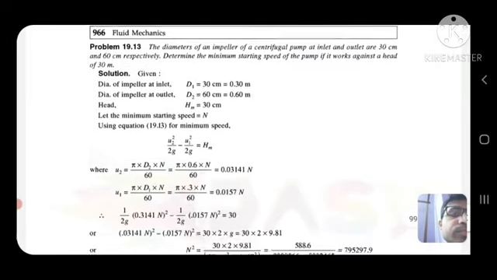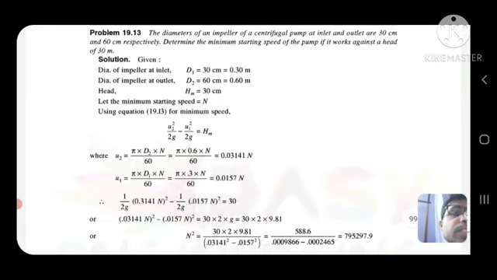The diameters of the impeller of a centrifugal pump at inlet and outlet are 30 centimeter and 60 centimeter respectively. Determine the minimum starting speed of the pump if it works against a head of 30 meter.